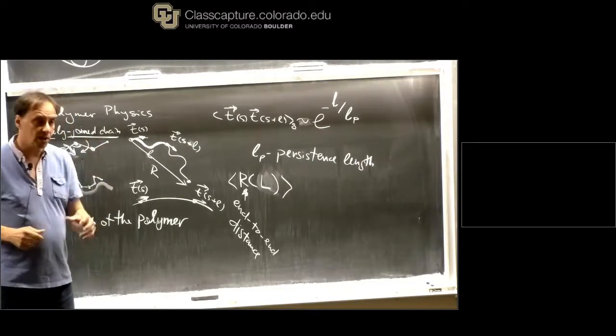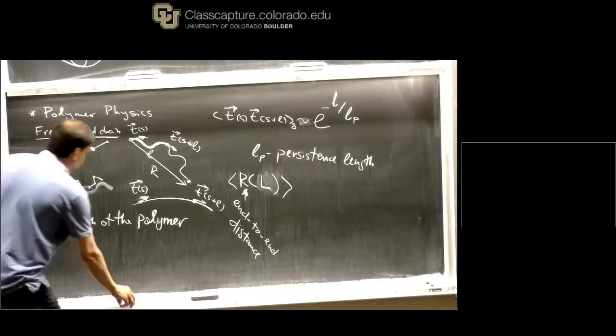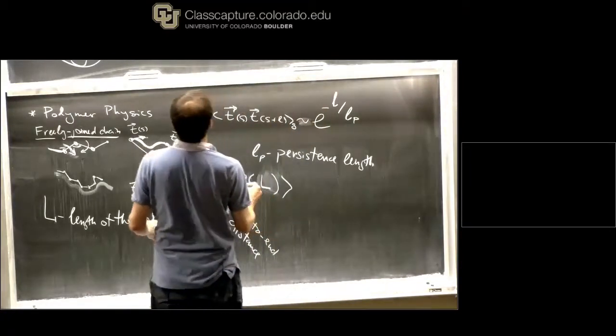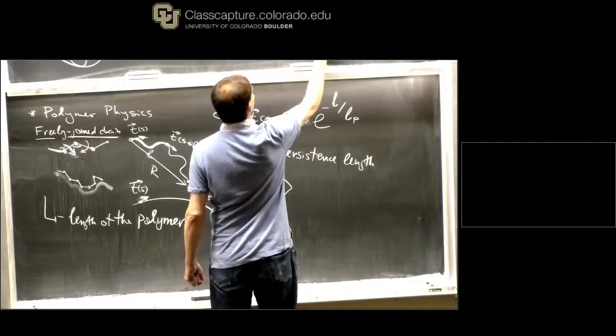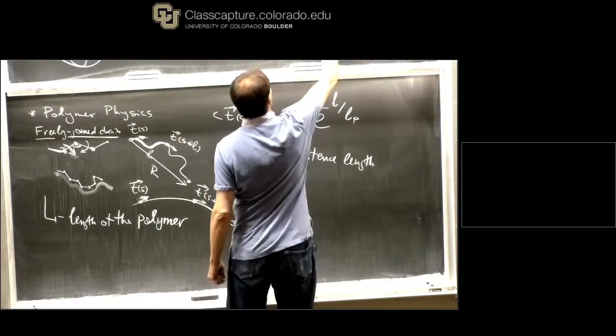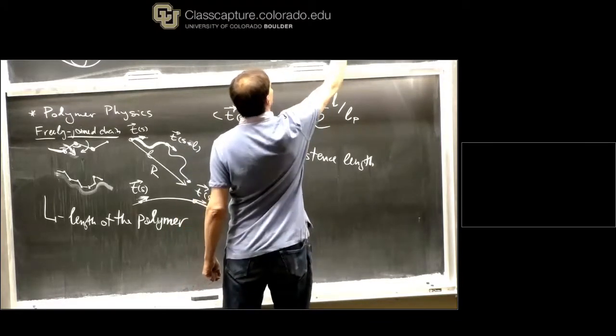There is another consideration, which is that it has a volume. In reality, polymers don't look like that. Real polymers have volumes. It's a tube, and this tube bends somehow.